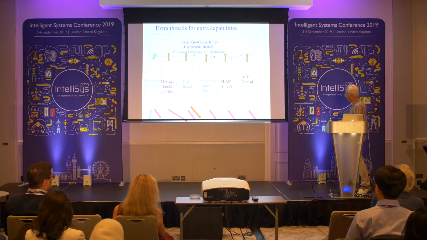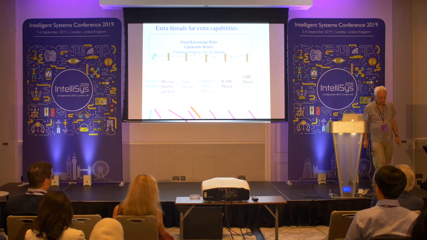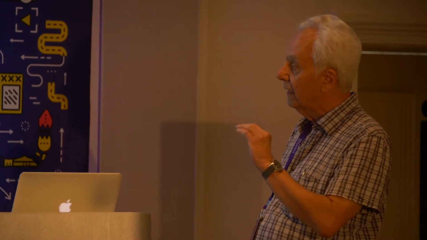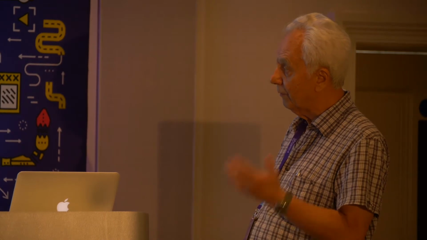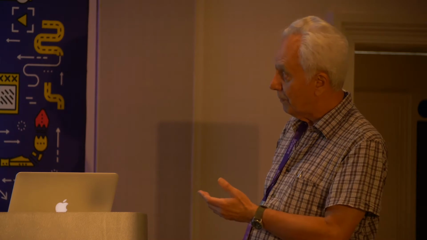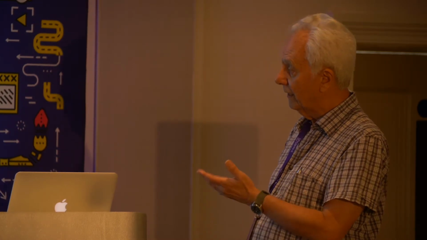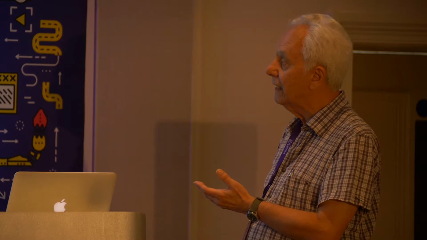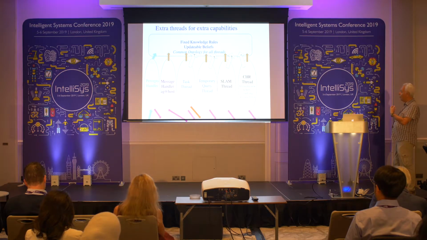Okay, there's another thing we can have. We can have a SLAM thread that's monitoring the actions, if we record the actions in the belief store, right? And looking at the perceptions of the environment and building up a map of the environment, right? That can be going on concurrently. Now, how can the task thread make use of it? Well, it's very easy. You've just got to get a common ontology, and whatever facts are going to be put in the belief store via the SLAM thread, the task thread knows what those predicates and relations are, and you just program those as rules.